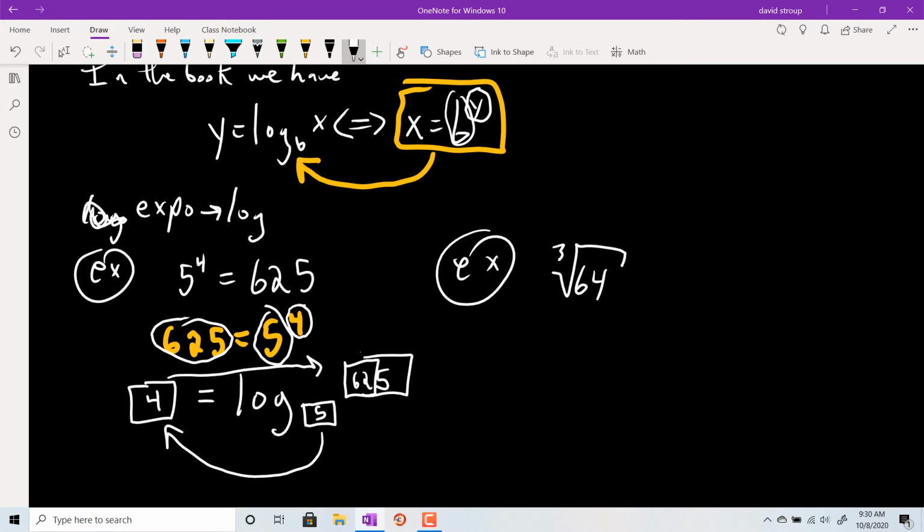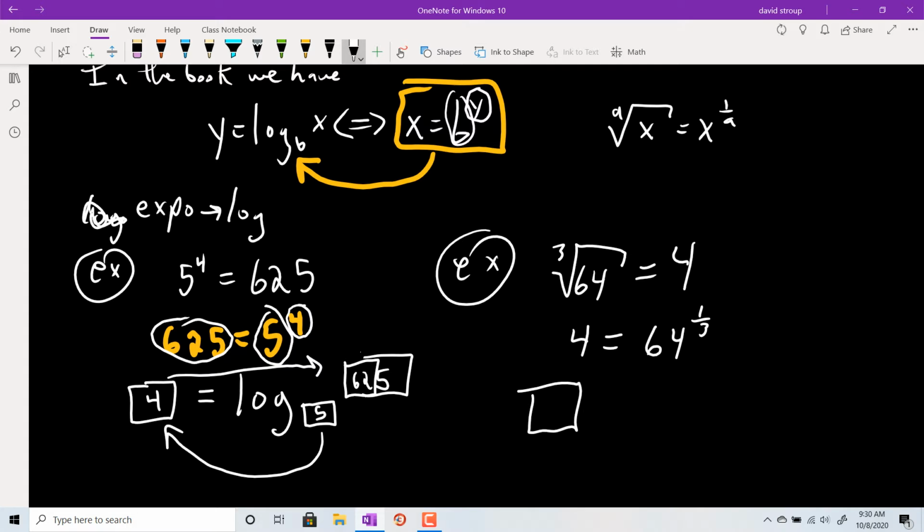So the cube root of 64 equals 4, right? Okay, I'm going to rewrite it again. So I'll have 4 equals 64 to the 1/3, because if you have the nth root of x, that's equal to x to the 1 over n. That's one of our exponent rules. So again, if you want to go through and fill in the boxes, that's one way to do it.